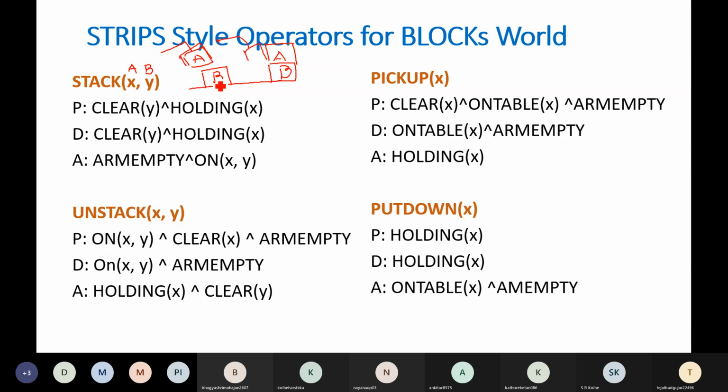So the precondition is: B is clear, there is no block on block B, and the arm is holding block A. So this is the precondition.